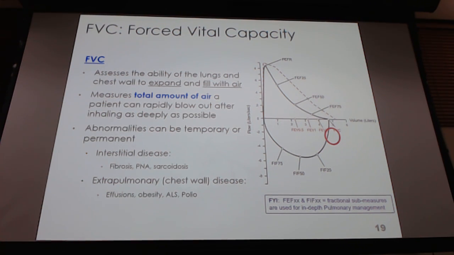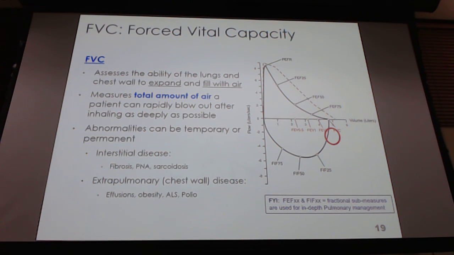It kind of fills up. It's very, very lubricated. So we're looking at how much volume is actually able to fill up with air. How much of that lung is compliant enough and sticky enough to receive that air. And it's the total amount of air the patient can rapidly blow out after inhaling as deeply as possible.